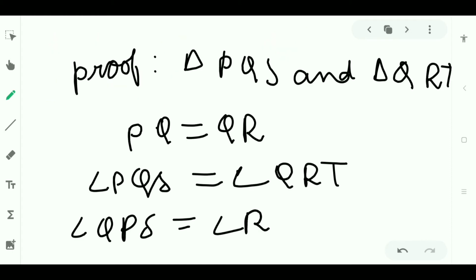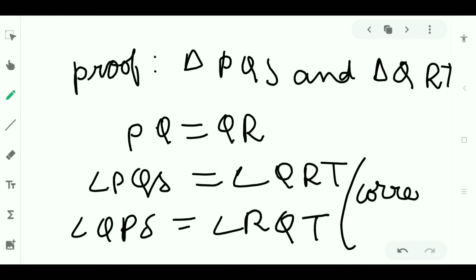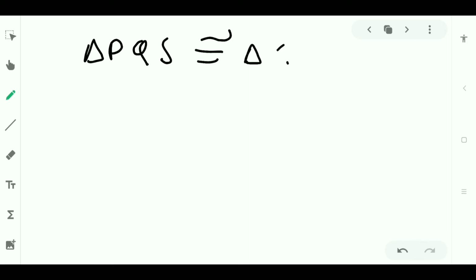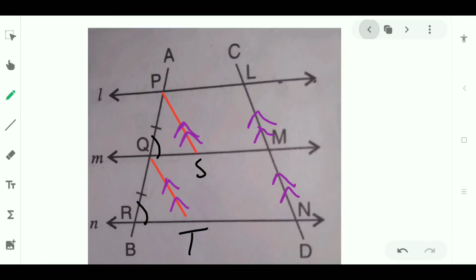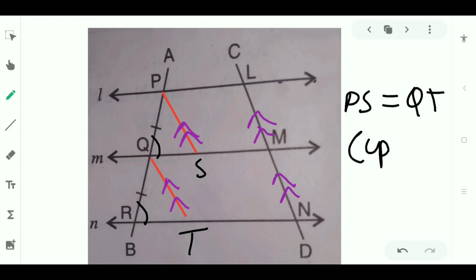Now we have proved these two triangles, triangle PQS and triangle QRT, are congruent. By CPCTC, we have PS equal to QT.